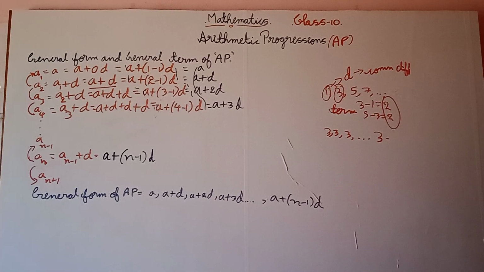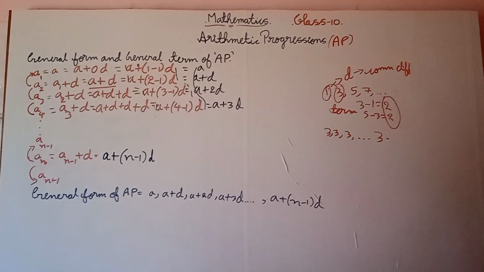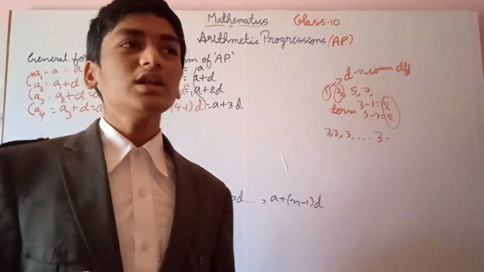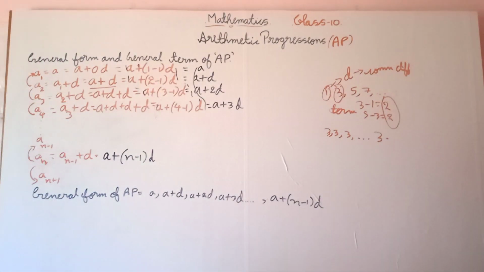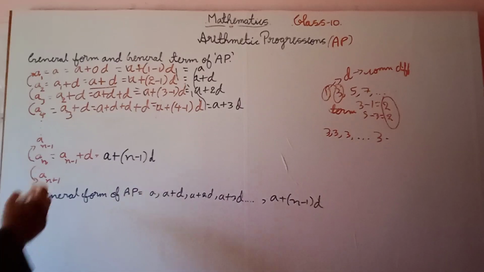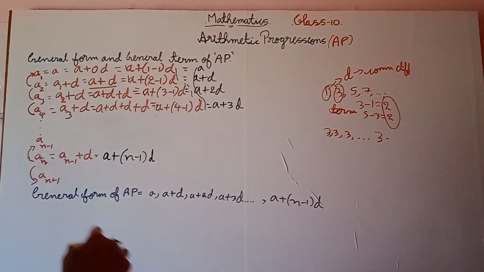So if you observe carefully, an is equal to a plus (n minus 1) into d. So what do you understand by the term general term? The general term is the representation of any term in any arithmetic progression. That is given by an, in which n is the number of the term we need to find.